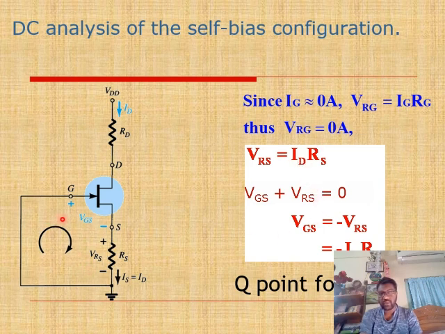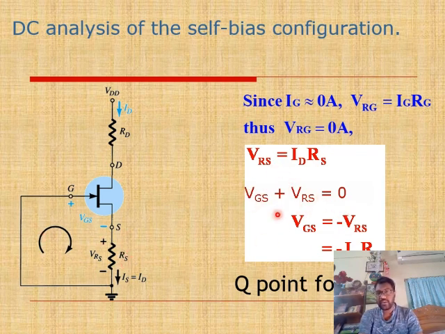If we write the KVL for this side, it will be VGS plus VRS. VRS means another resistance has been added on the source side, the source terminal, that is called RS, source resistance. So in total there are two resistances: one is the drain resistance as in the previous circuit, and another new resistance has been connected, that is the source resistance RS.